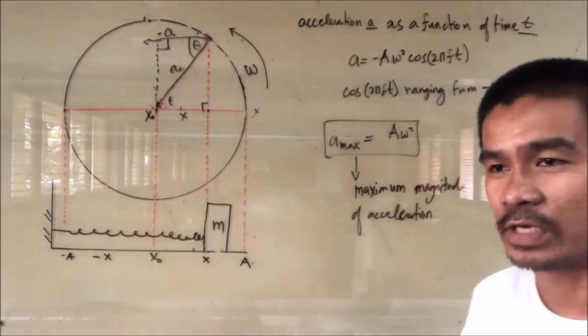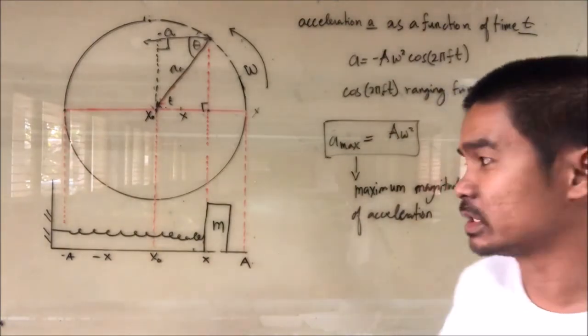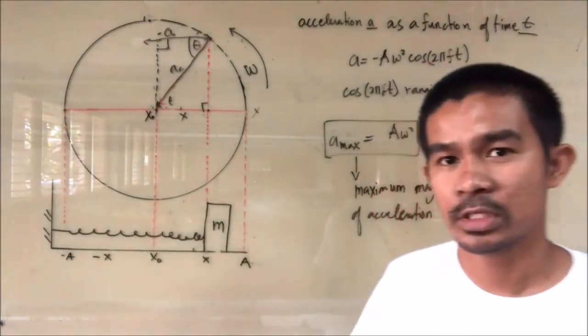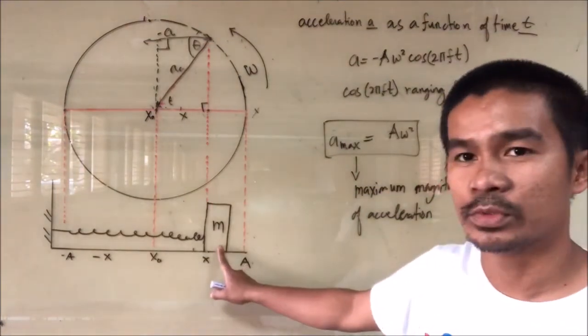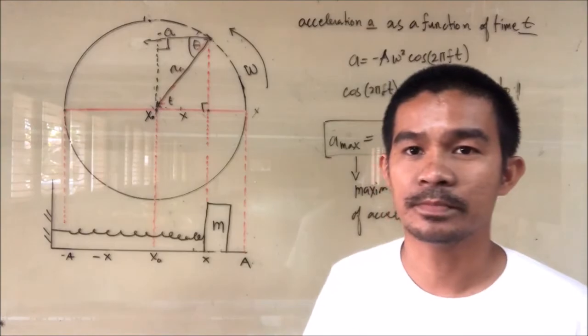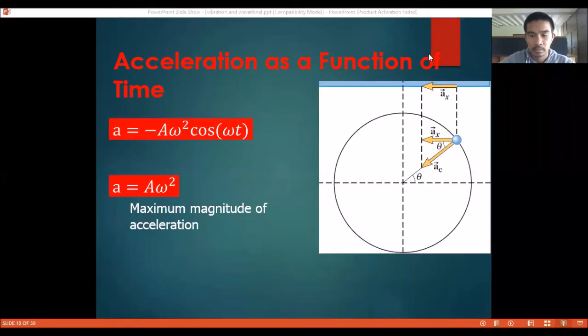Acceleration varies in time, so it's not constant. It changes at every position of an object moving in simple harmonic motion. And this is the acceleration a as a function of time t.